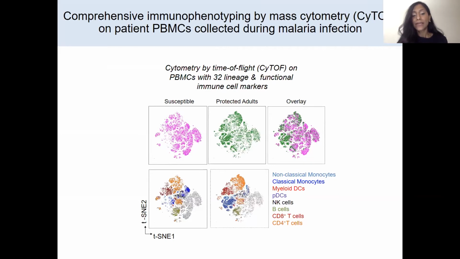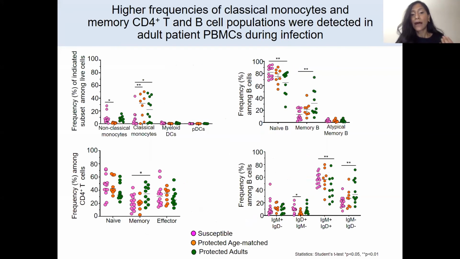And if we annotate those clusters of cells in the bottom panel here, we were actually able to identify innate immune cell lineages as well as adaptive immune cell lineages. So on the next slide, I'm going to highlight and summarize for you what those main immune cell populations were.